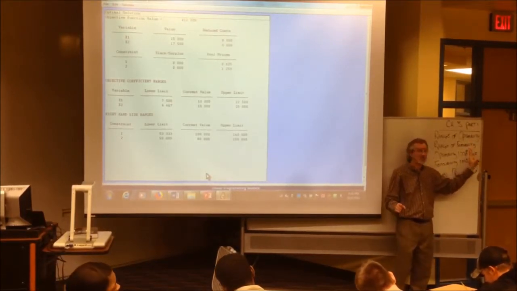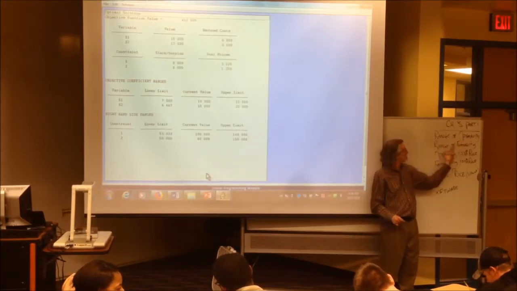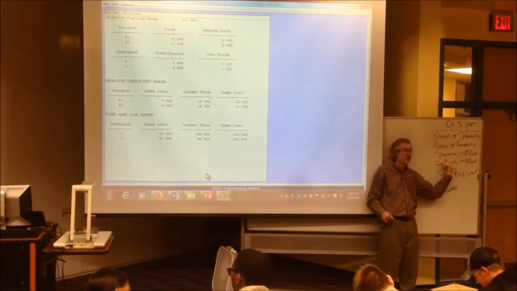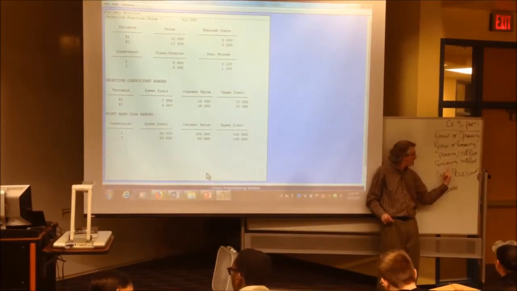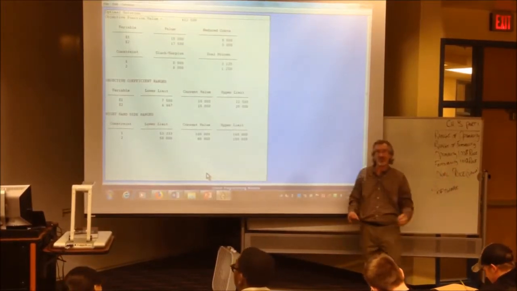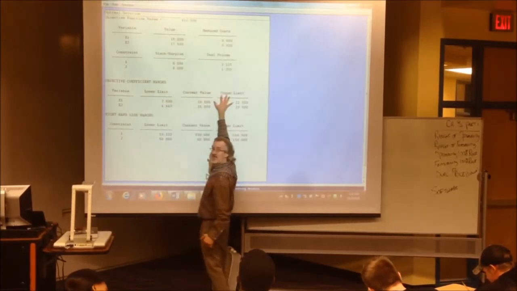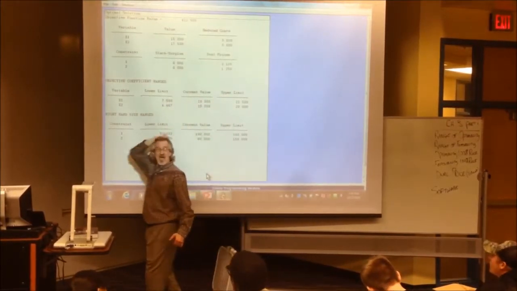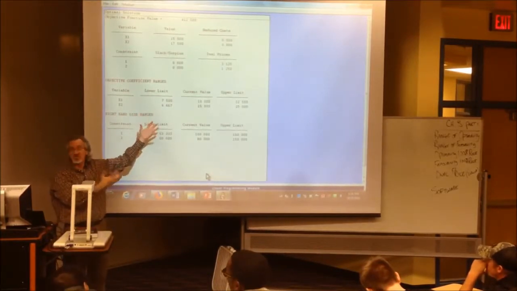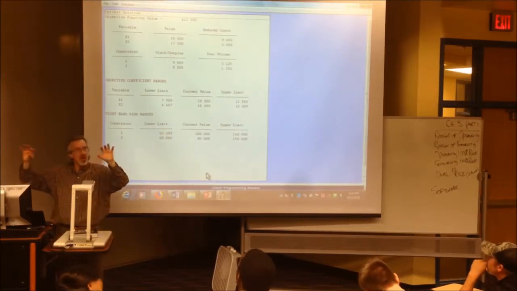Got it? So you have this range of optimality. You have this range of feasibility. You have optimality 100% rule, which is talking about the objective function. Feasibility 100% rule, talking about the right-hand side of constraints. Right here is the range of optimality. Now I can look at that and know, even though I don't know what the objective function is and what the constraints are, I can pull the information off of here and I can literally write an objective function.